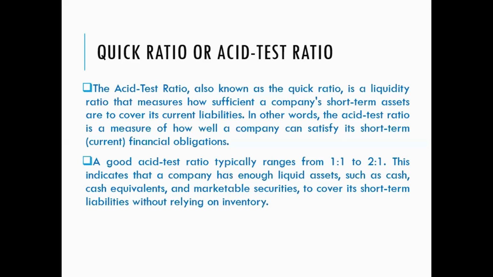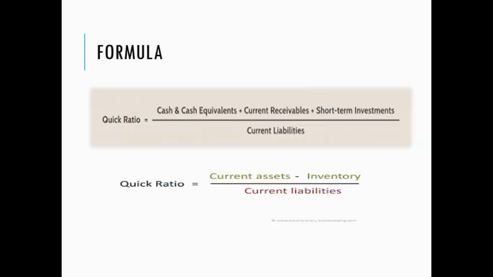A good acid test ratio would typically range between 1 to 1 and 2 to 1. This indicates that the company has enough liquid assets such as cash and cash equivalents and marketable securities to cover its short-term liabilities without relying on inventory.